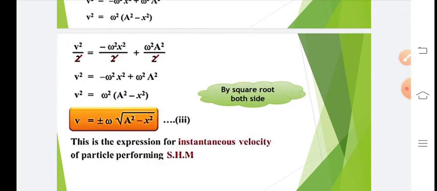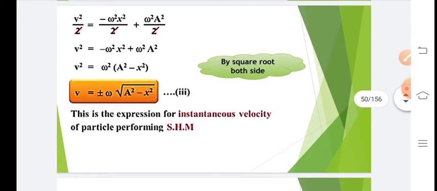Now squaring both sides, v is equal to omega, this is a value omega, this is a plus or minus, therefore v is equal to plus or minus omega square root of a square minus x square.